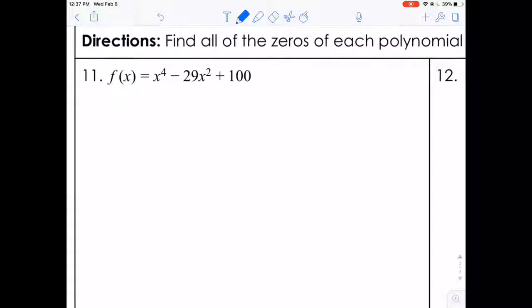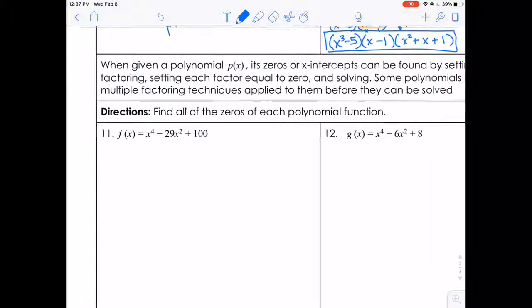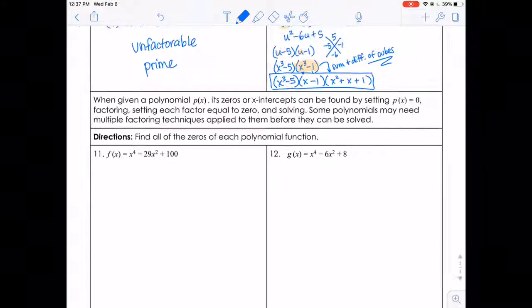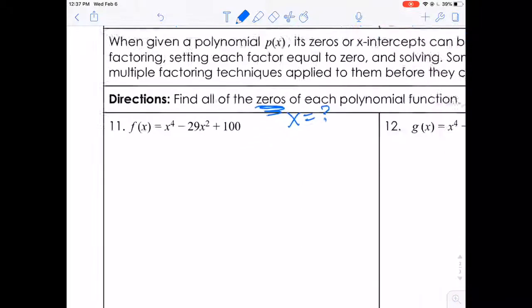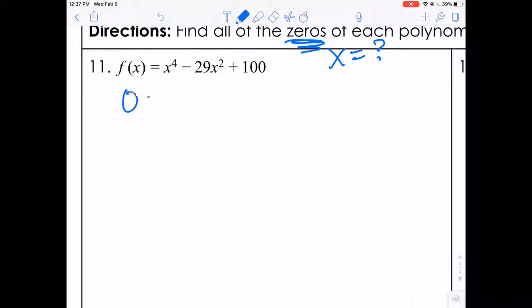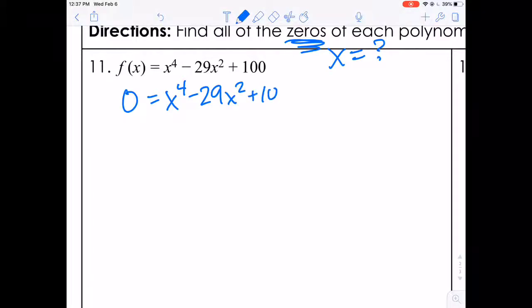We'll do number 11 here. So number 11, the difference is that they're asking us to find the zeros. That means we want to know what x equals, right? So we're going to have 0 equals x to the 4th minus 29x squared plus 100. I'm going to remember that x squared can be turned into u.